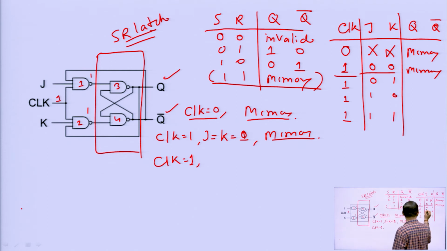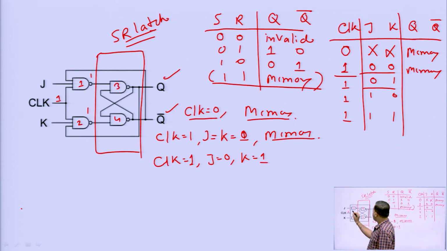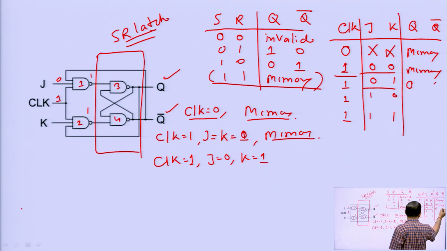and J is 0 and K is 1. So, if J is 0, we will not bother about what is Q bar and what is clock. If one of the inputs is 0, we can say the output is 1, and if this is 1, then we can say the output of Q and Q bar will be 0 and 1. Okay. This will be 0 and 1.